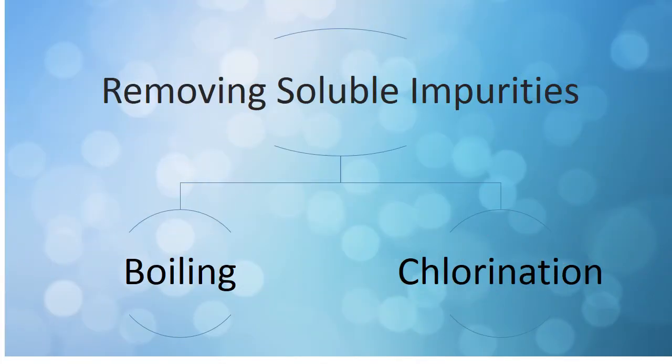Now the second part is removing soluble impurities. As I told you earlier, germs and chemicals from factories are soluble impurities. So there are two methods of removing those soluble impurities. First is boiling and the second one is chlorination.